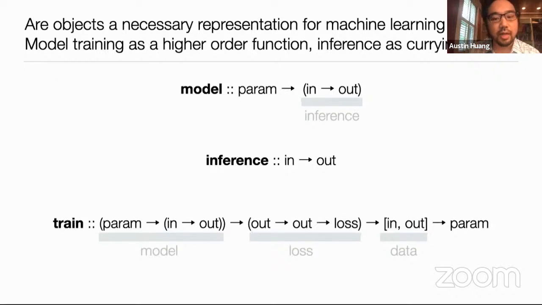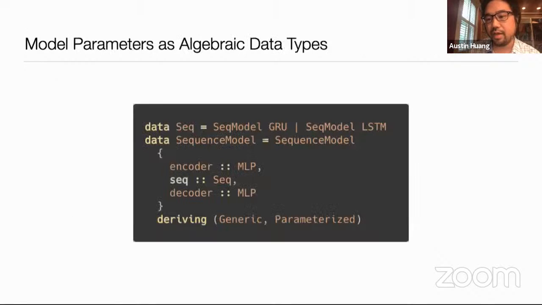And in Haskell, we can get pretty close to this mile-high representation. For that model parameter itself, we can think of it and represent it as algebraic data types. It's quite a natural representation, because with neural networks, you're often building up components from smaller components, right?